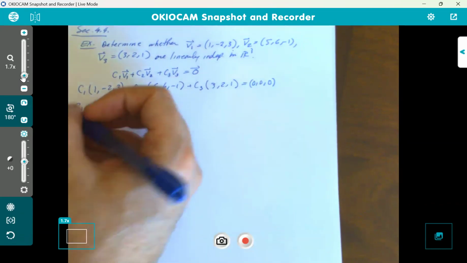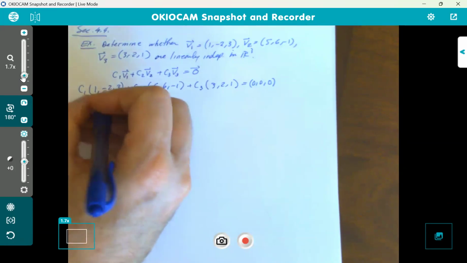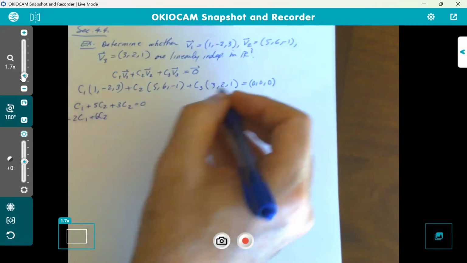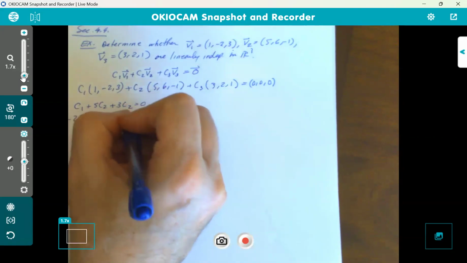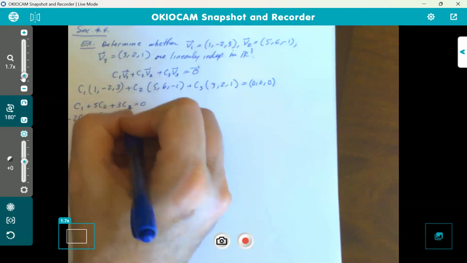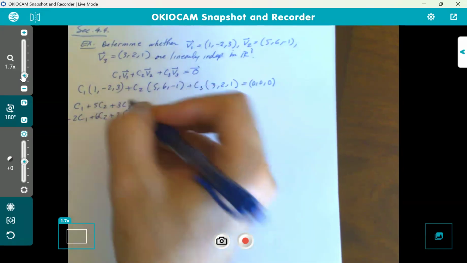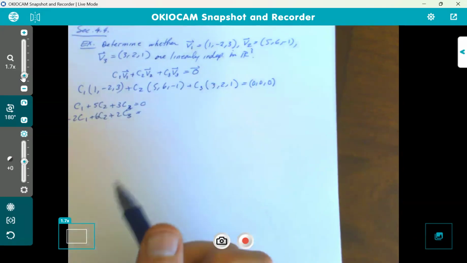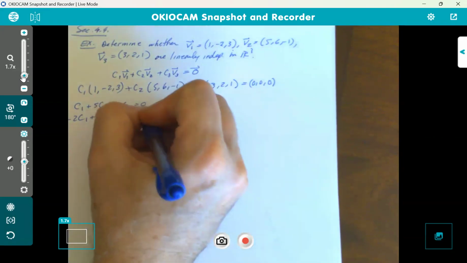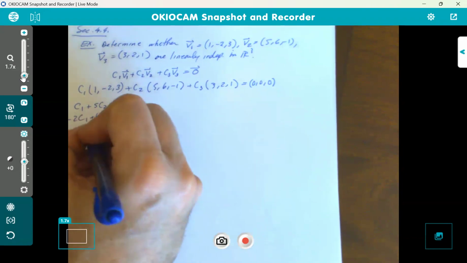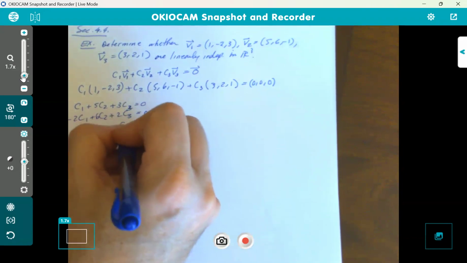And likewise, -2C1 plus 6C2 plus 2C3. Sorry, these should be C3s, both of these are C3s, this one and this one. Equals 0. And then the last one is going to be 3C1 minus C2 plus C3 equals 0.